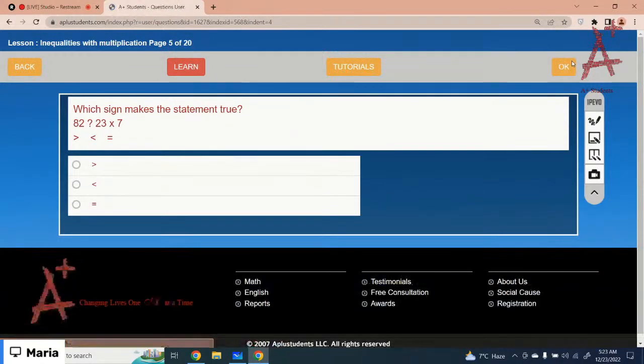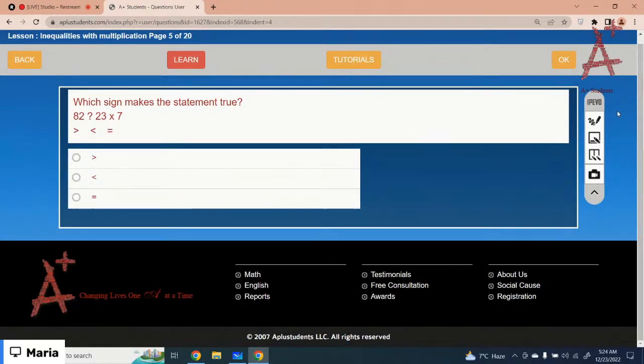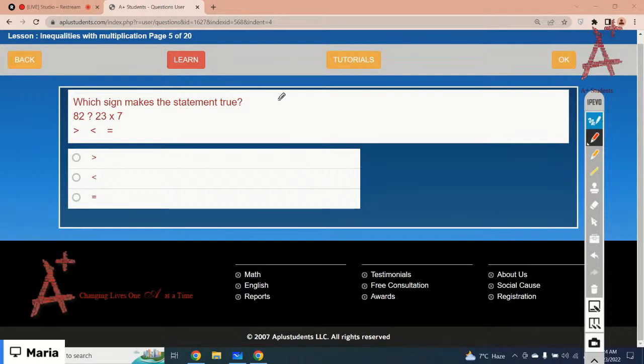Okay, the next one is you have to compare 82 and 23 times 7. Okay, just do 23 times 7. So 7 times 3 is 21, write 1 and carry 2. 7 times 2 is 14, 15, and 16.